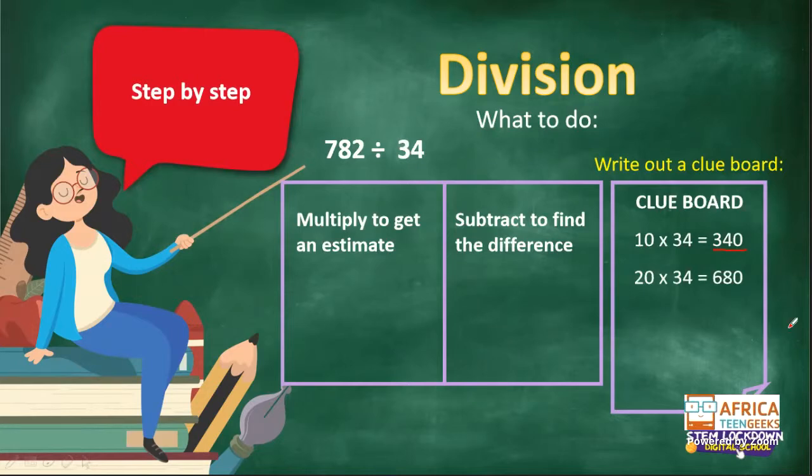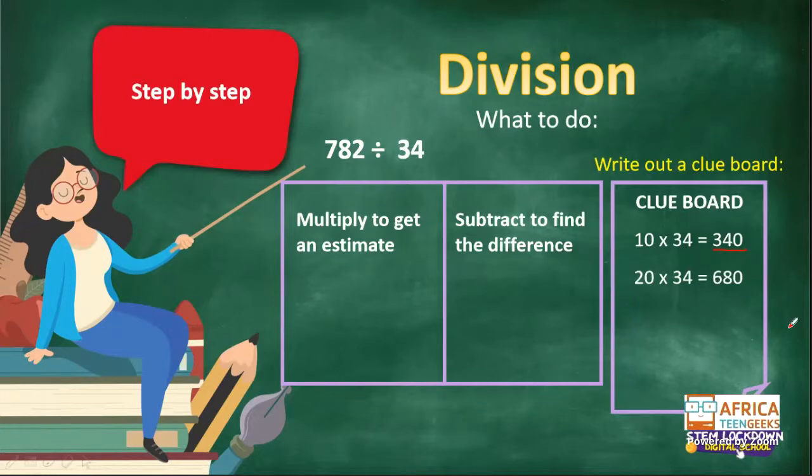So now I go to 5 times 34. How do I get that answer? Half of what? There we go. It's half of 10. Very good, Sakura.